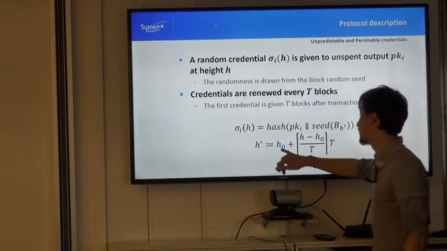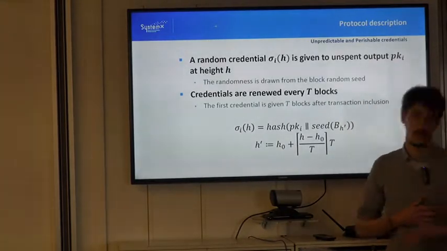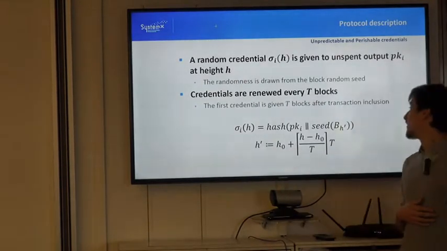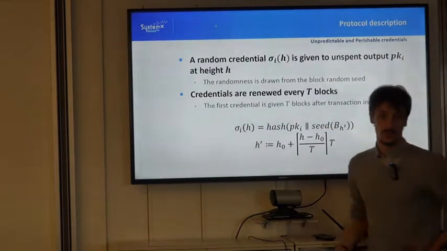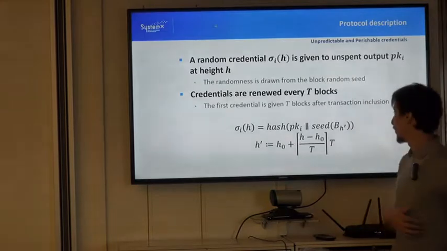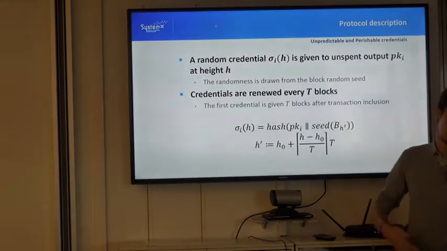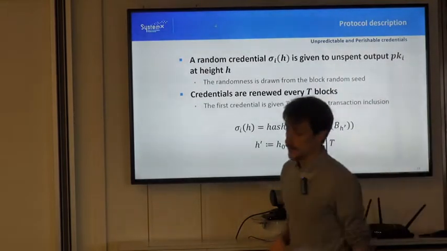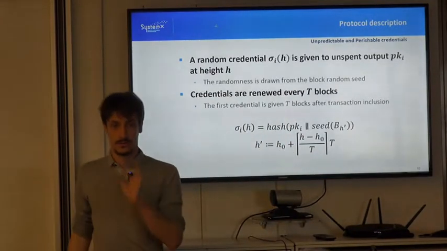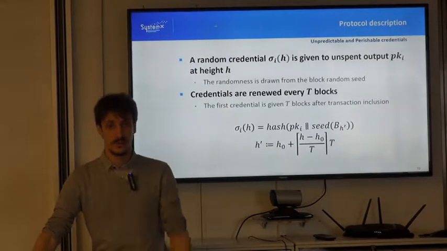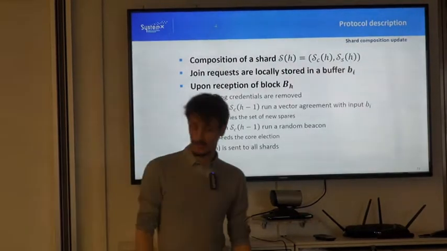Here H0 is the height at which the UTXO has been included. And then the index of the seed that is used to derive the credential is changed every T blocks. That way we get a sequence of random identifiers which are suitable for PeerCube.